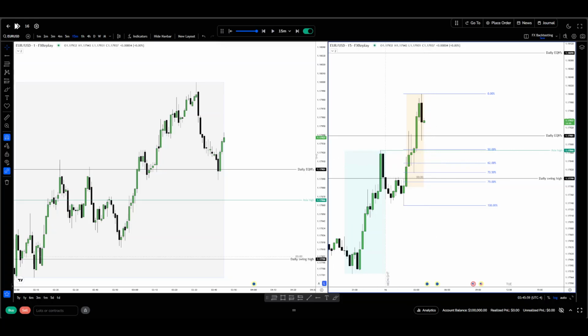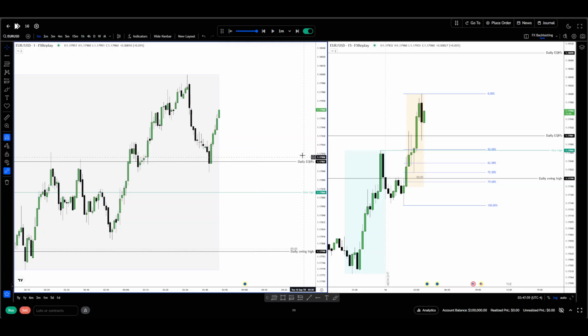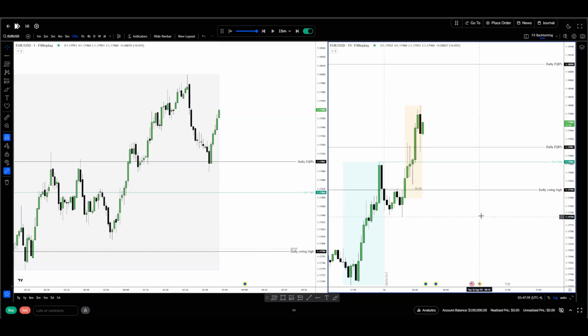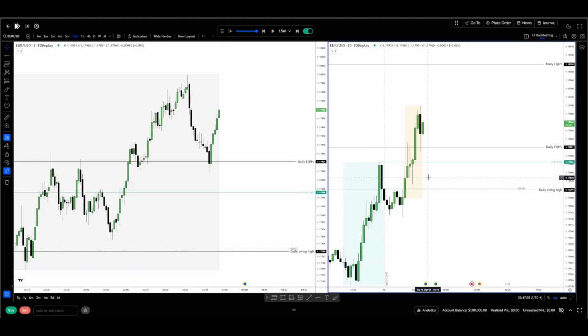So I'd rather see it go to a discount, but I'm not sure it wants to go there because this daily equal highs is also a PD area which can act as a strong support level. And obviously you have this low from the lower time frames. So maybe if you look on the 5 minute, this is a dealing range, but not on the 15.